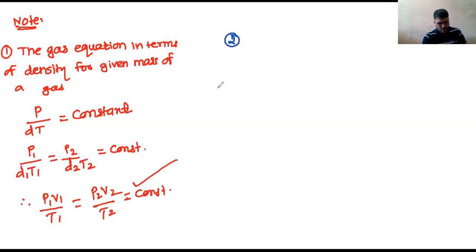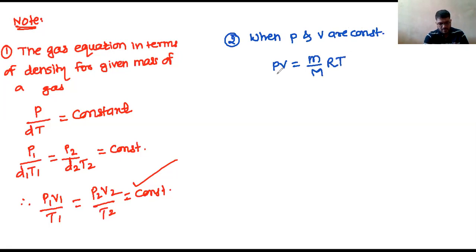Second note point: when P and V are constant, meaning pressure and volume of a gas are constant, then from PV is equal to m by M R into T, with pressure and volume constant, m is inversely proportional to temperature, and therefore m is equal to K by T. This is not the Boltzmann constant, this is a proportionality constant.